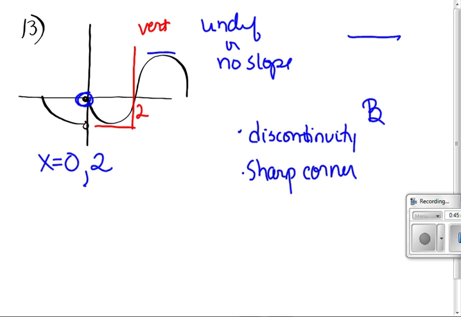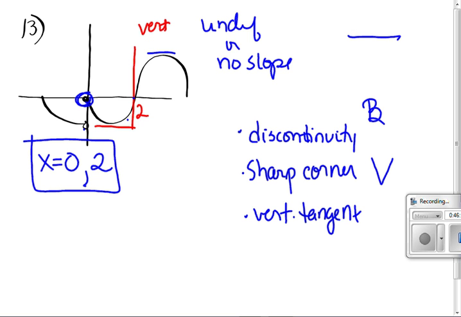Okay, sharp corners like absolute value and vertical tangents. It's not differentiable here because where are you going to take the derivative? Here or there? The derivative from the left has to equal the derivative from the right. Can't do it here because the slope is undefined. At 2. So this is it. You just can't find the derivative at those 3 places.